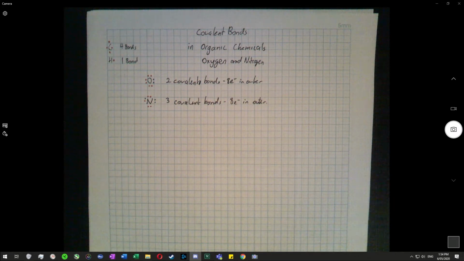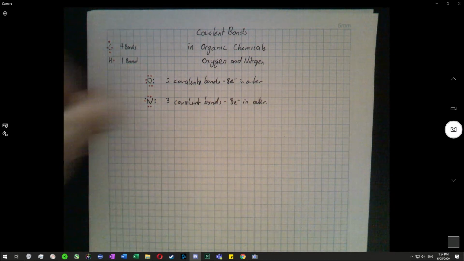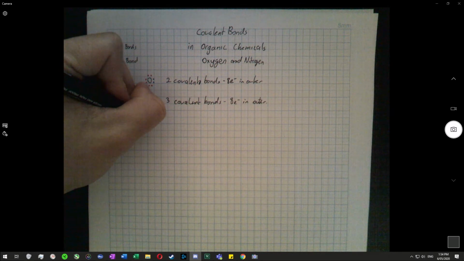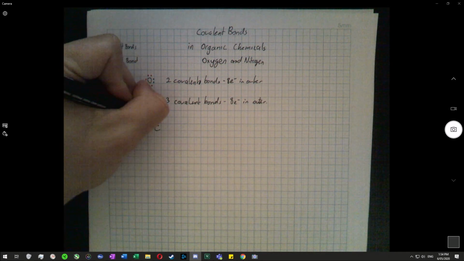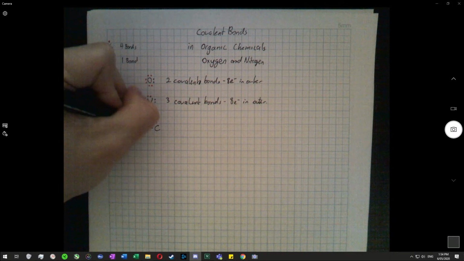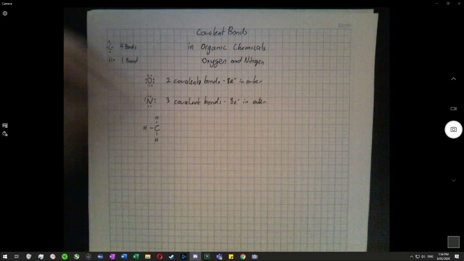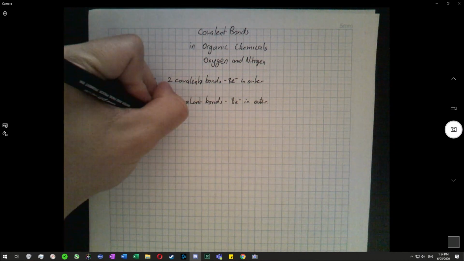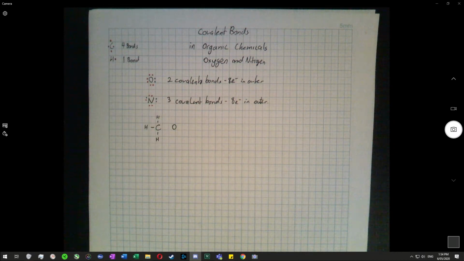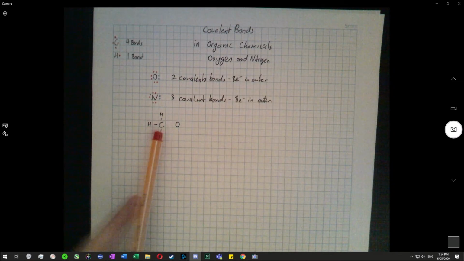So just more of a visual representation. If I have, say, a carbon here and it's bonded to some hydrogen, and I have an oxygen sitting around. Now, the carbon at the moment, it's got 1, 2, 3 bonds.